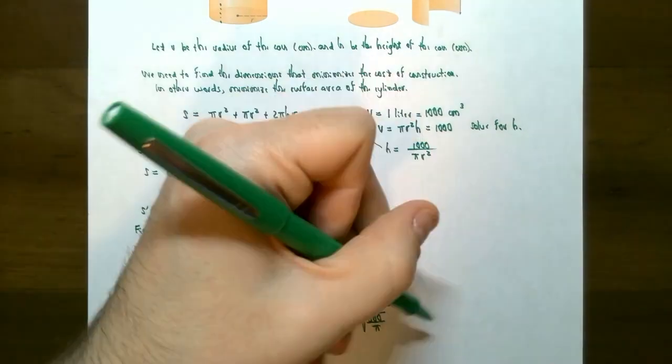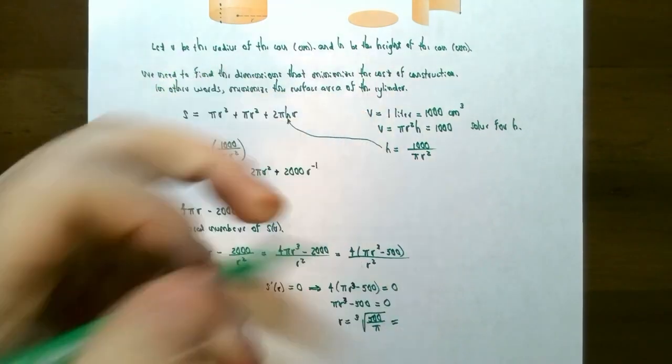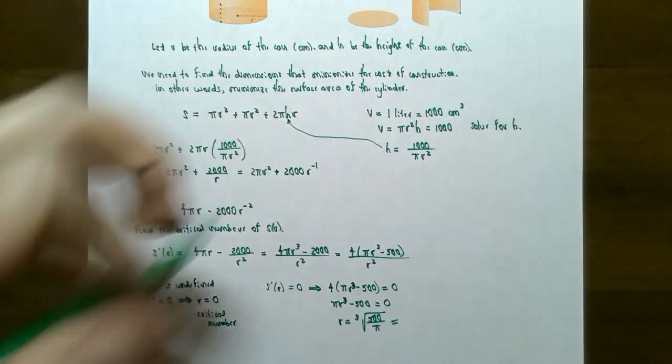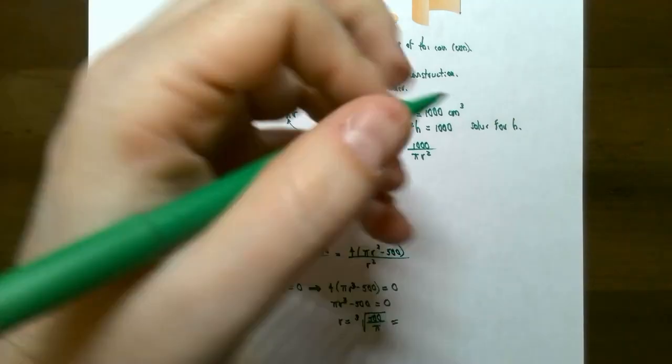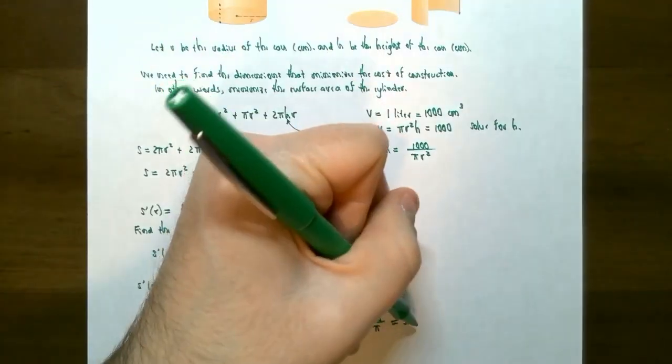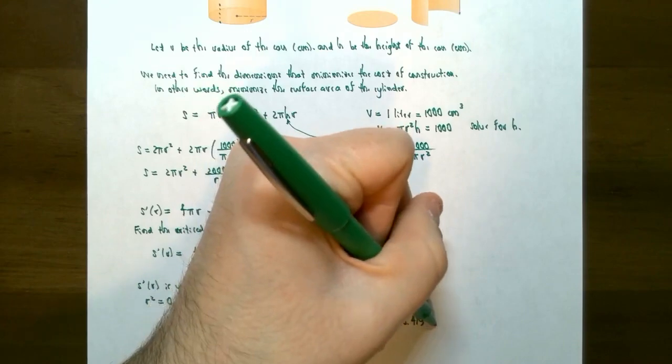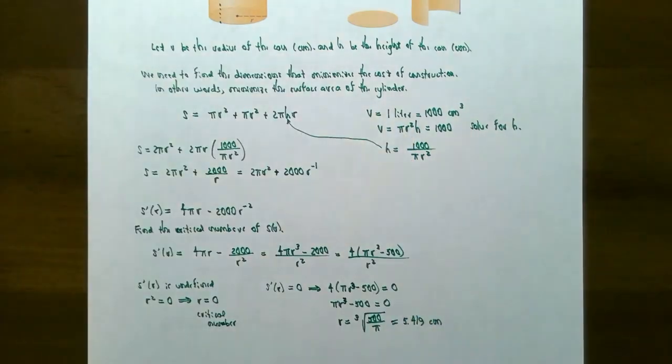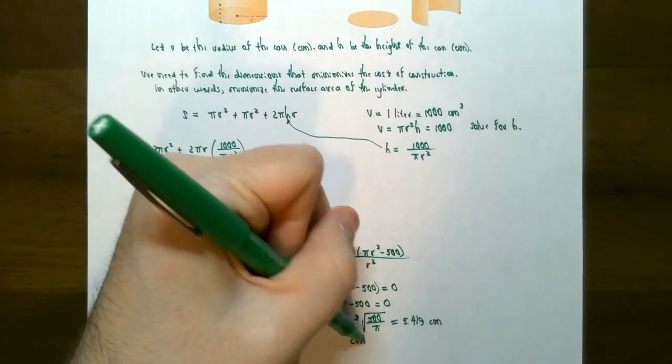Now, just to give some context of where this would lie on the number line, this is approximately 5.419. And it's centimeters for the radius. Alright, so this is the critical number as well.